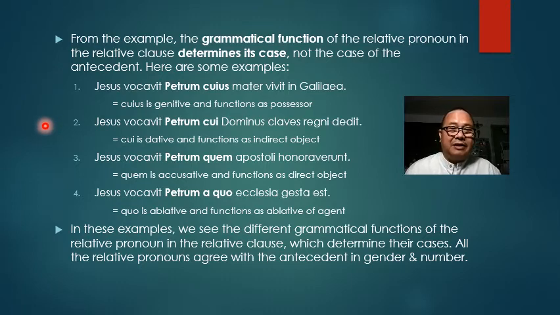In the second sentence, cui Dominus claves regni dedit, to whom the Lord gave the keys of the kingdom. To whom: cui is the indirect object, so it is dative case. So the grammatical function of cui in the relative clause is indirect object. Example number 3, quem apostoli honoraverunt.